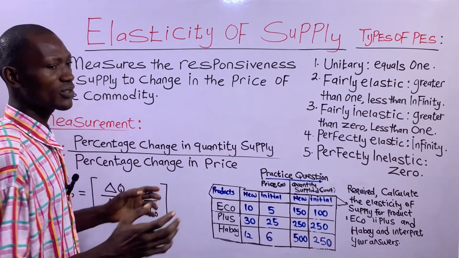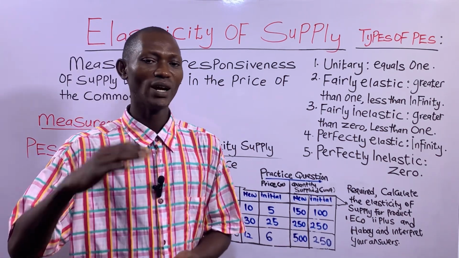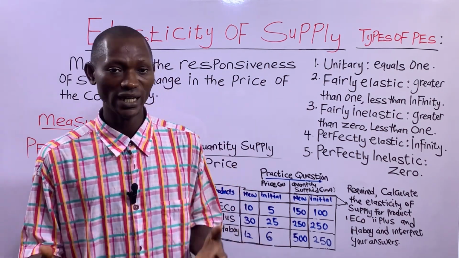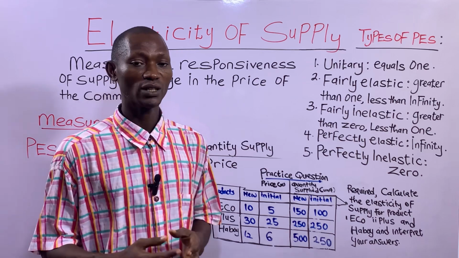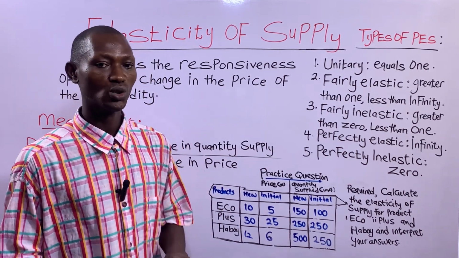Most times when the price of a commodity rises, the quantity supplied rises, and when the price falls, the quantity supplied of that commodity will also fall.